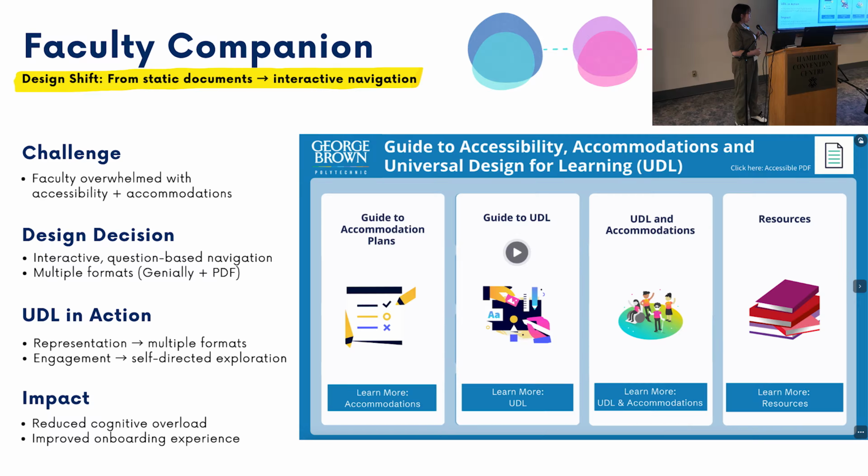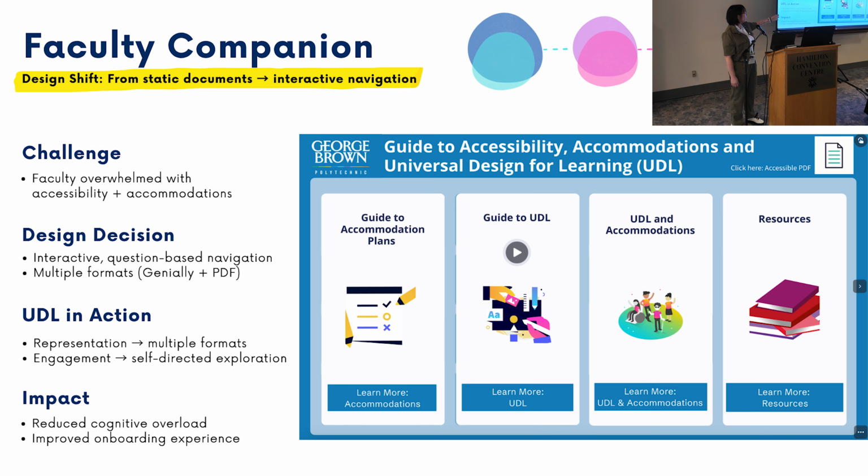So what I've done, I'm turning that into an interactive navigation. I'm not going to go into this and click through, but at the end you can have a link to go have a look. The challenge is faculty are overwhelmed with the accessibility and accommodation information. It is way too much.